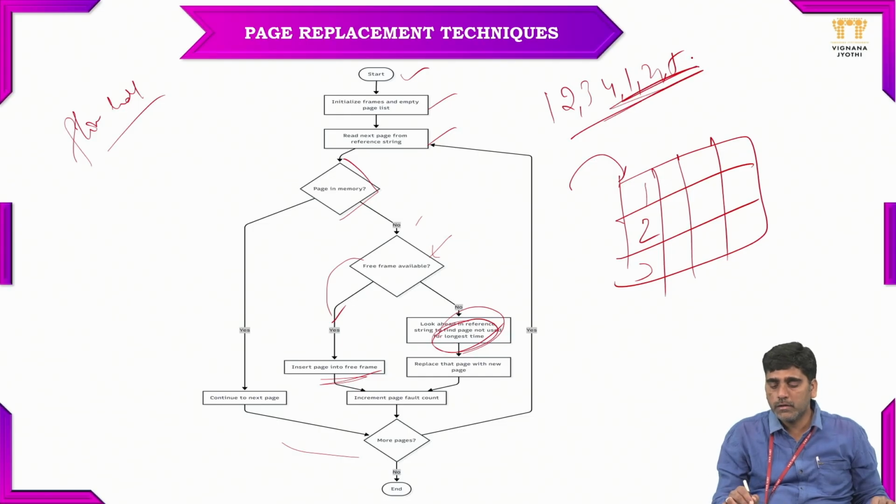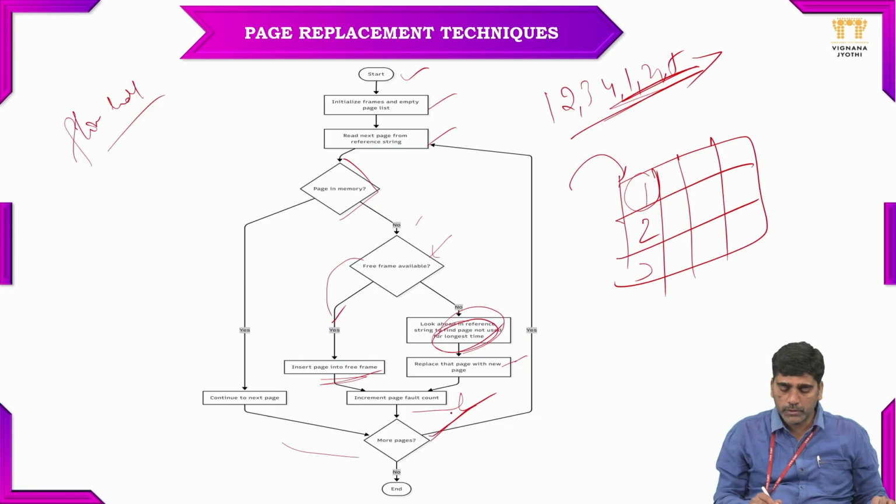Check the comparison: which page will not be used in the future for the longest period of time. Check that string, check the pages. If any page is found, replace that oldest page. So that is the way we do things. Replace the page with the new page and increment the page fault count, until the page string completes.